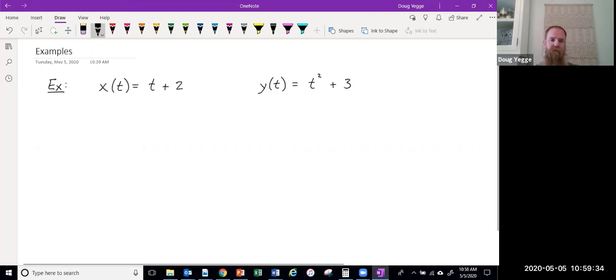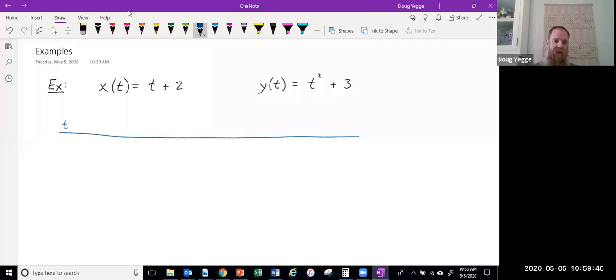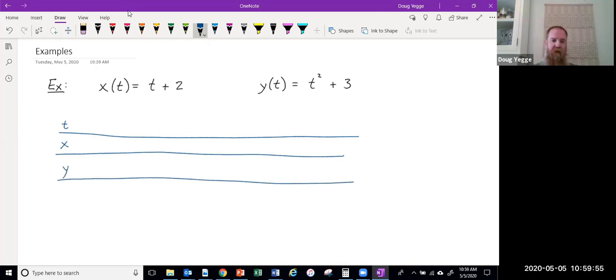So, oftentimes we could come up with some different values. Let's create a chart where we pick some t values, and we find the corresponding x values, and we find the corresponding y values. You could pick negative t's, you could pick positive t's.